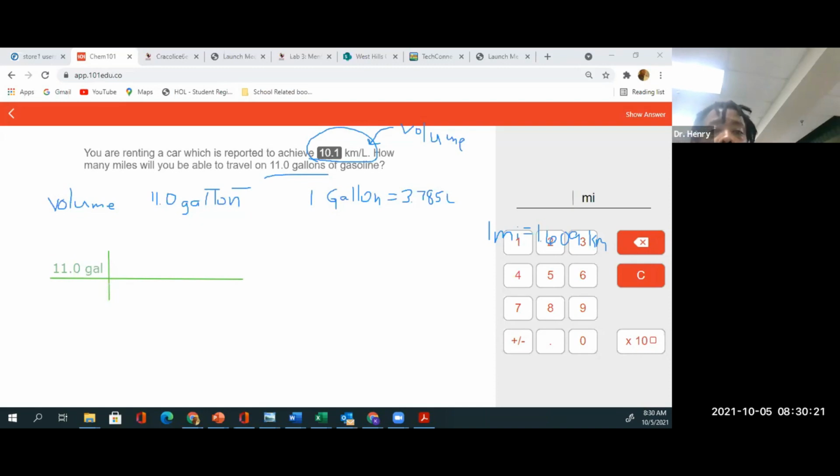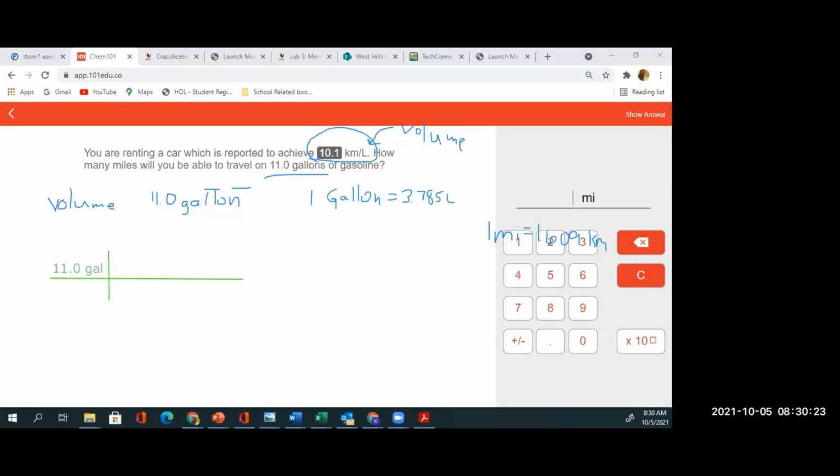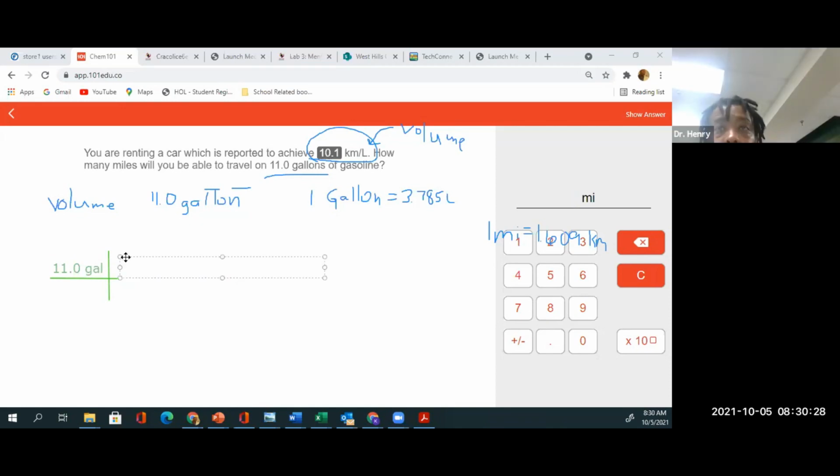Okay. So I'm going to multiply by the 3.785 liters. And I'm going to divide it by 1 gallon. So then that allows the gallons to cancel out.